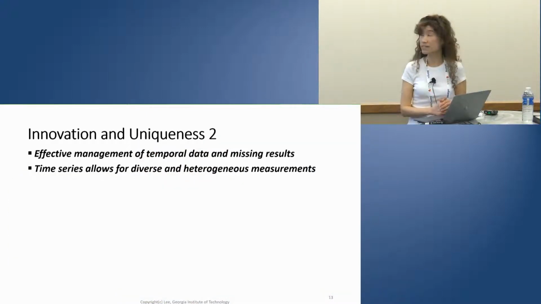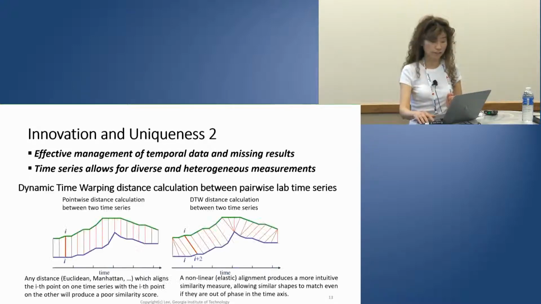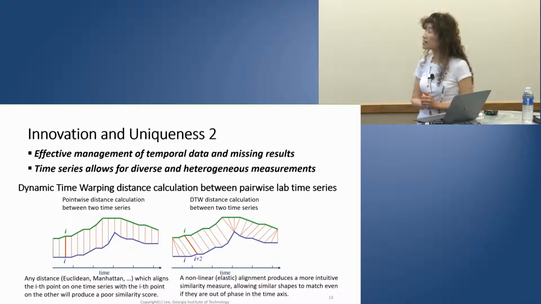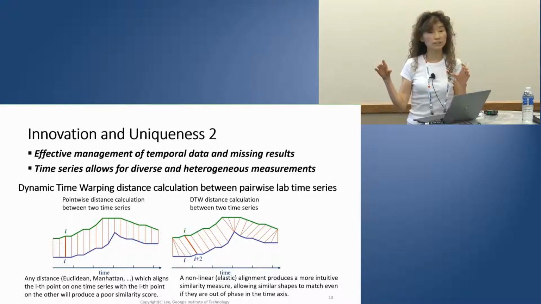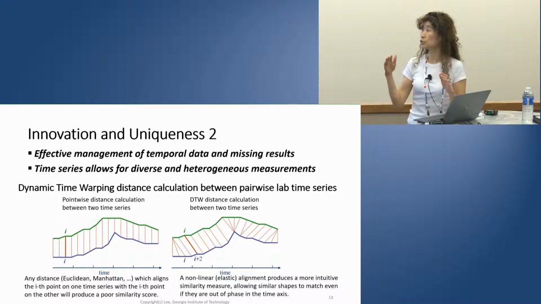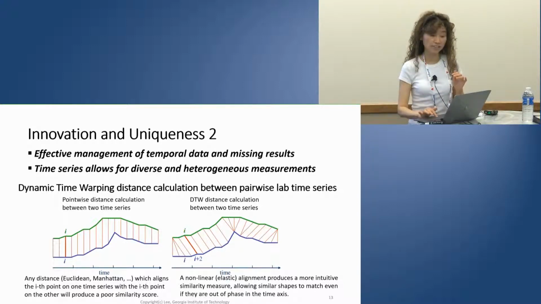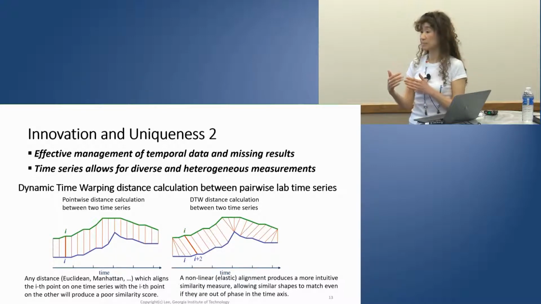So the second part is dealing with all this heterogeneous data, and trying to figure out how we manage it. Now we've got all these patient data. We are really happy, but how do you deal with all these lab tests that are different? To show you an idea here, you can say, look, I have 2 time series, and I want to measure the distance at the same time points, and then see the difference and see if there are any similarities.